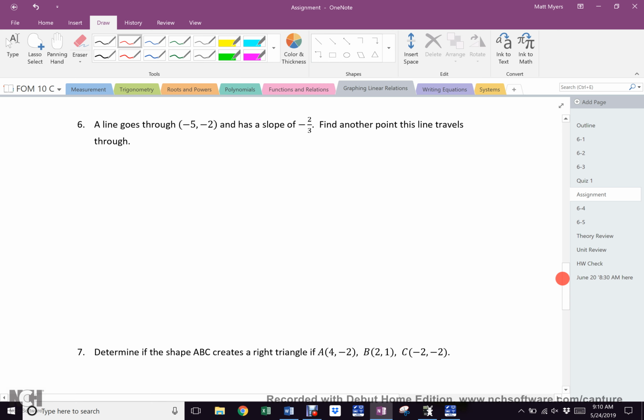If you want to go to nursing school, you need one of those grades, FOM 11 or pre-calculus 12. If you want to be an electrician, you need FOM 11 or pre-calculus 11.